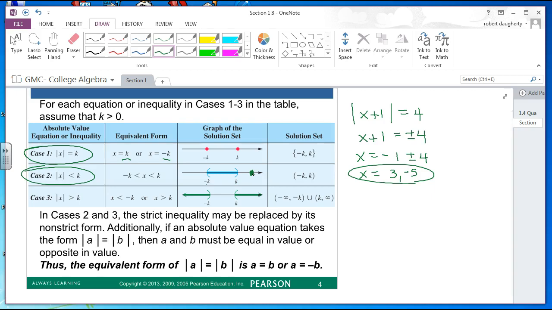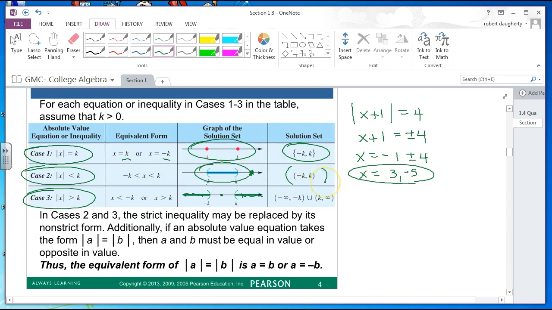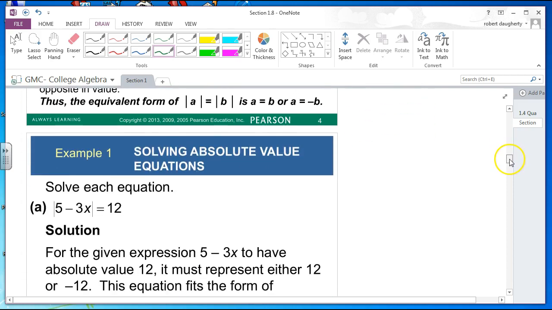Then the other case is the absolute value of some number is greater than another number. That means what numbers are greater than k away from the origin. This is more than k away, this is more than k away. This number is less than k away, so it's not in my solution. So in the first case, you're going to have two numbers as your answer. In this case, you're going to have an interval. And in this case, you have two different intervals as your solution. We'll talk about how to solve those as we go forward.